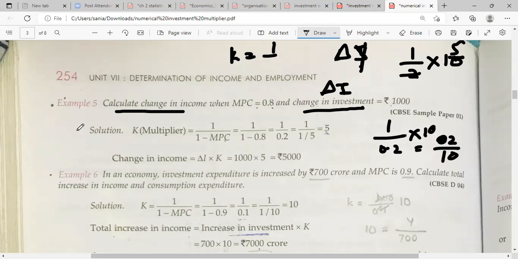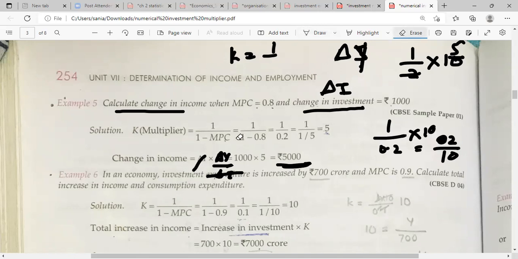The same only, but instead of K, I did delta Y by delta I. Okay, not an issue. Same thing. See, delta Y upon delta I, right? Somewhere they will cancel, and whatever you are getting, this is the answer, right? Yes, ma'am, not an issue. I forgot that also.